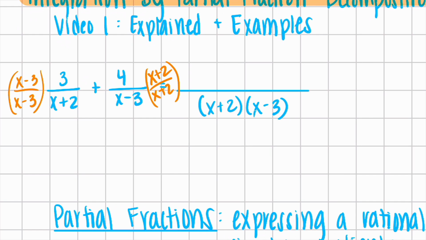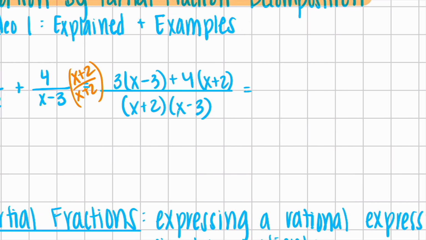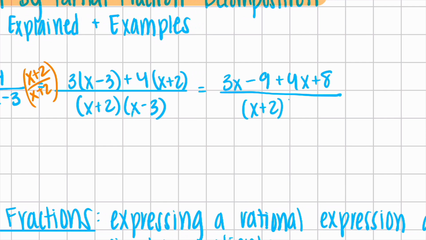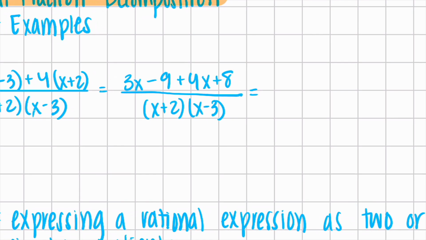So I can do that. My numerator is going to be 3 times quantity x minus 3 plus 4 times quantity x plus 2 all over our common denominator. If I simplify my numerator, let's do some distributing, all over our denominator, and combine like terms.